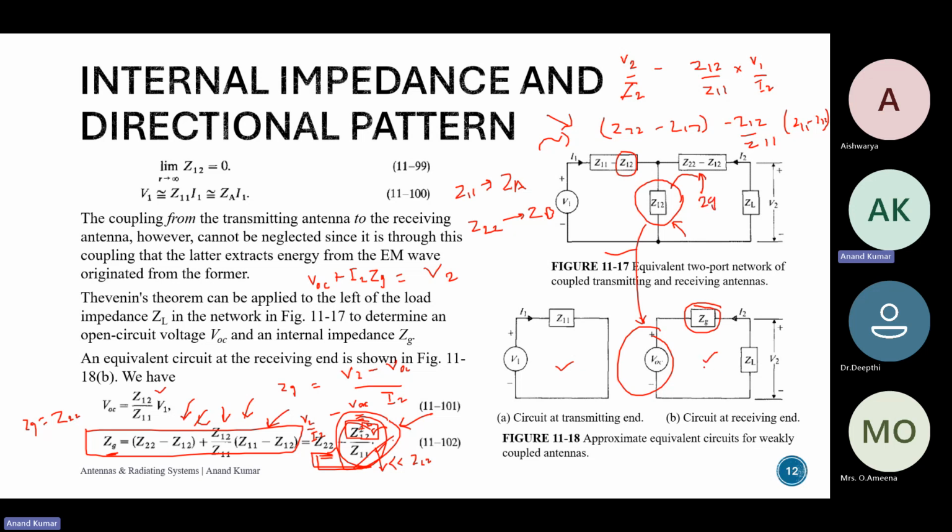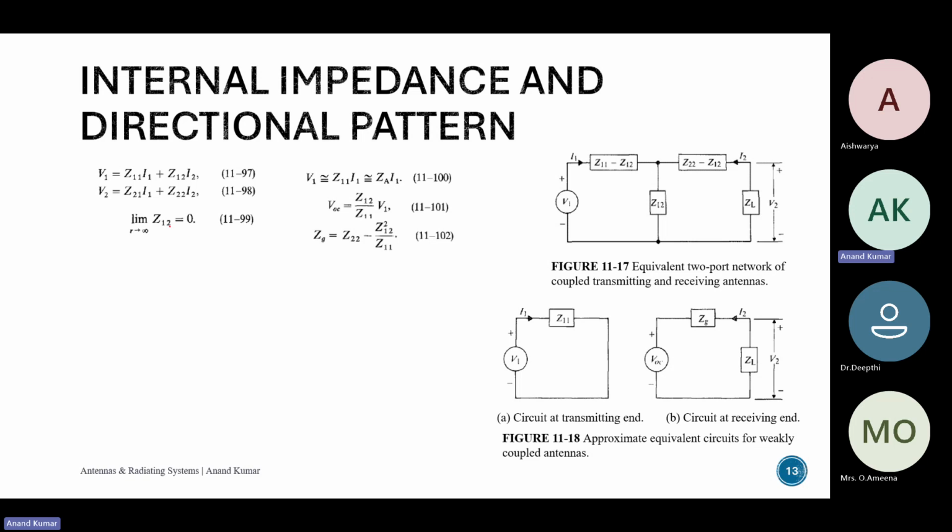These are the steps that we must remember, and then these expressions are what we get. To continue, we wrote down the voltage and current expressions, we used this particular limit, and then we found out that Z11 is equal to the input impedance of our transmitting antenna A.